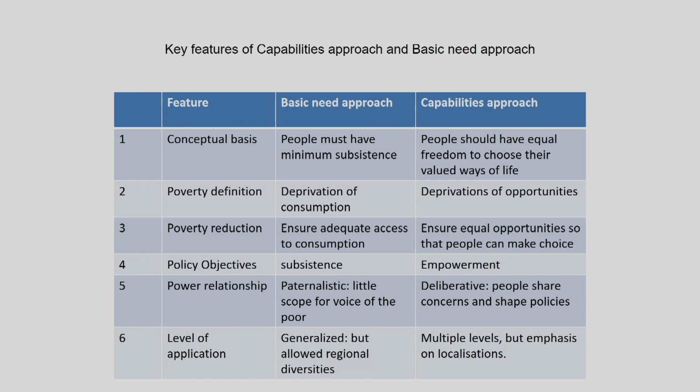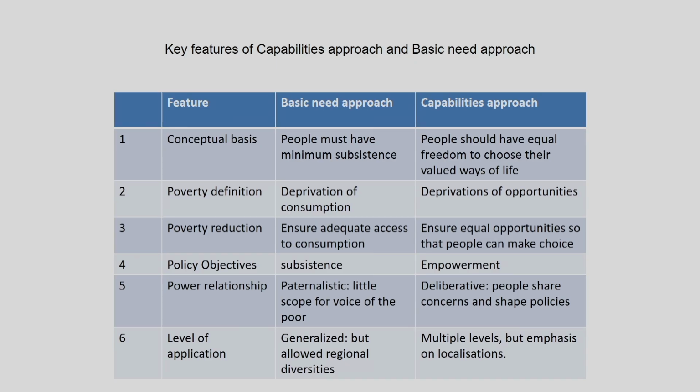It is looking at a certain section of the population within a country or community which are downtrodden, who are deprived, and therefore certain basic needs need to be provided to them. So, it is looking only at a subsistence level, whereas the capabilities approach, which is trying to meet the needs of all sections of the community or the entire population, looking at various facets of development of an individual, has a more empowering policy objective.